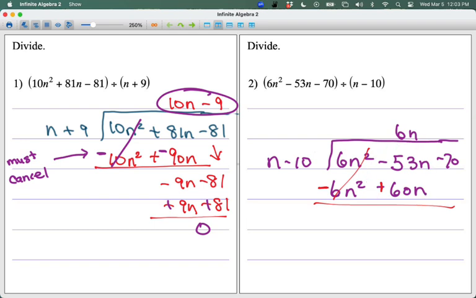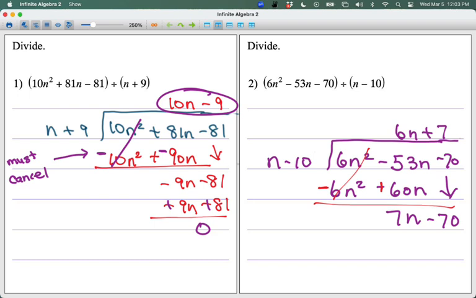This becomes 7n, and bring down negative 70. We ask ourselves, n goes into 7n how many times? It goes in 7 times, and it's positive.